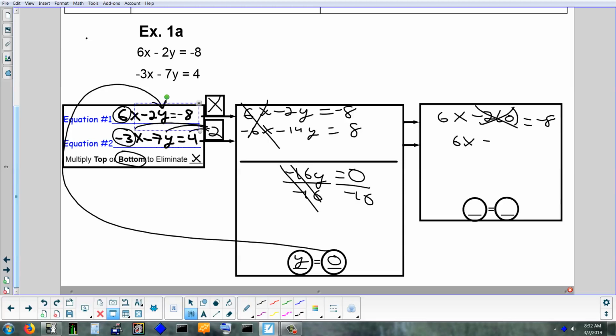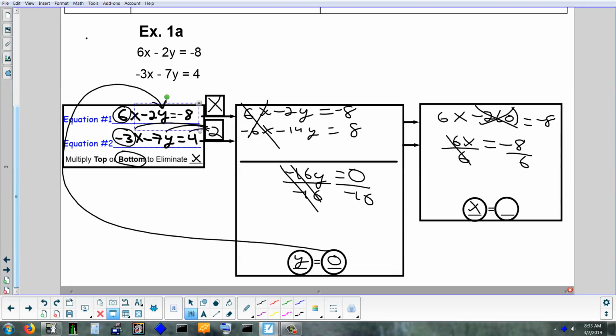So 6x equals negative 8. All right, last step. Divide by 6, and negative 8 divided by 6, you can just reduce that to what fraction?